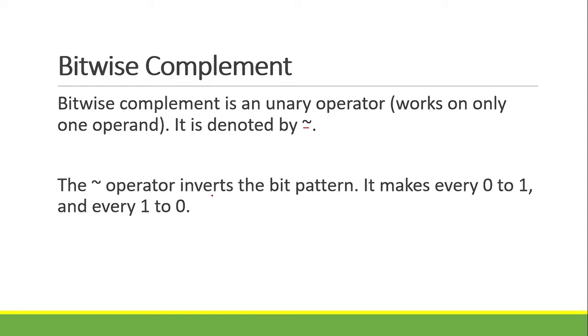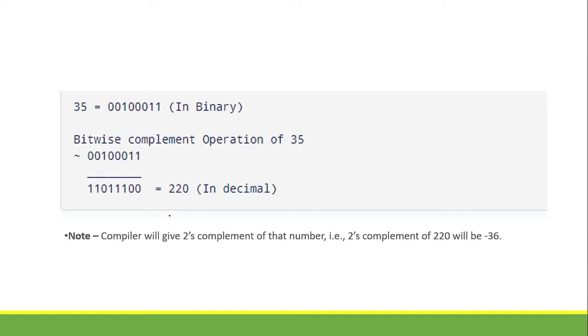It makes every 0 to 1 and every 1 to 0. So, basically, binabaliktad lang nito, guys, yung magiging binary ng decimal mo. Sample, 1, 2, 4, 8, 16, 32, 64, and the 128.